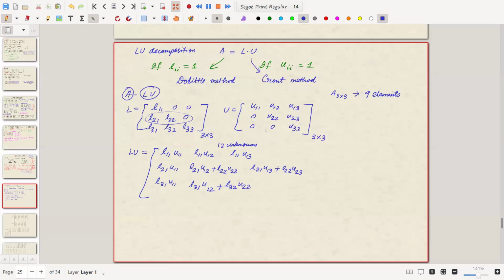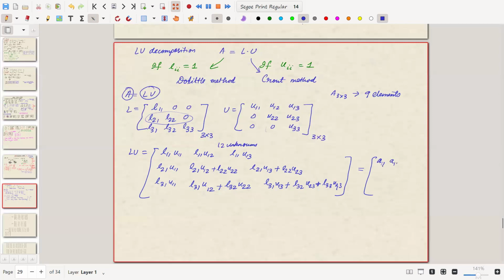Now this row multiplied with the third column: L31 will be multiplied with U13, plus L32 with U23, plus L33 with U33. Now you have to equate this with the known elements of matrix A.